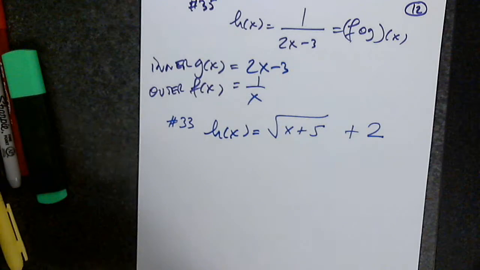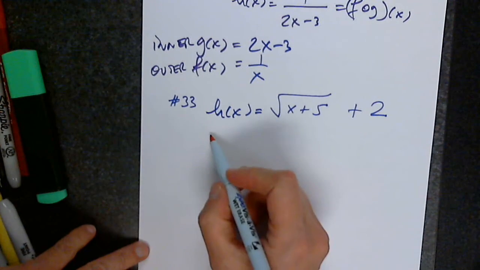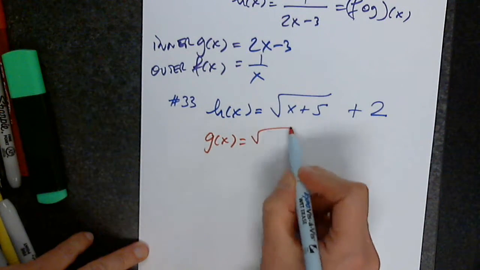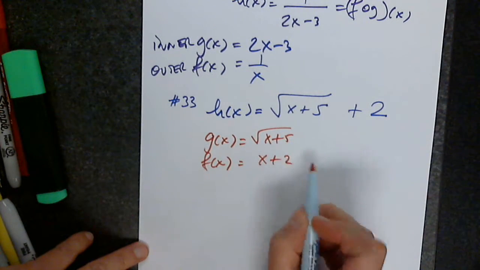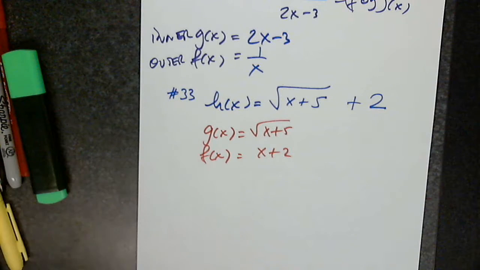So I want an inner and I want an outer. That's fine. That's one option. Very good. As I said, there is more than one correct answer.